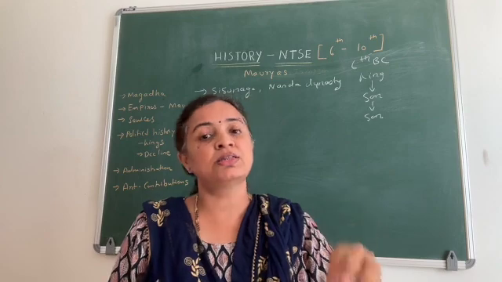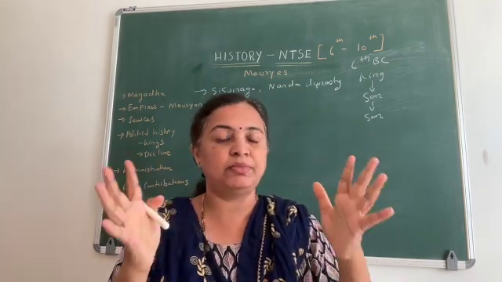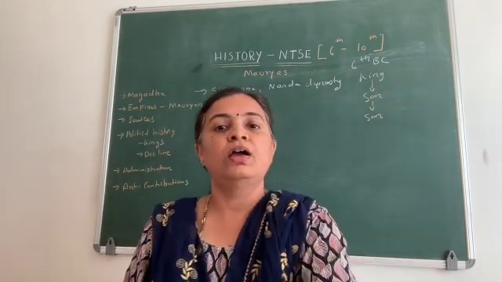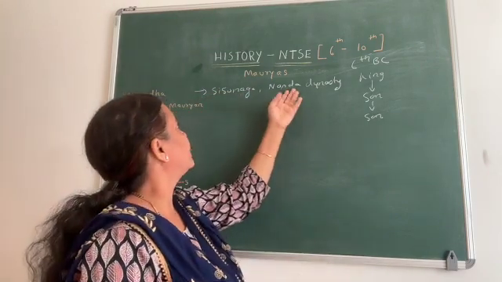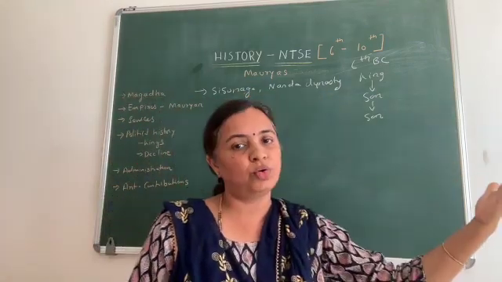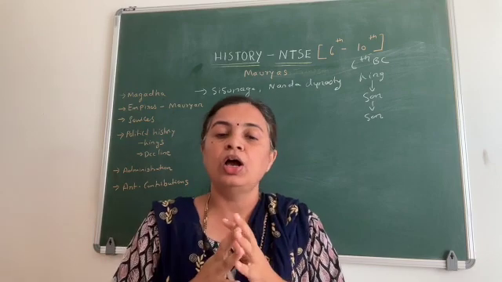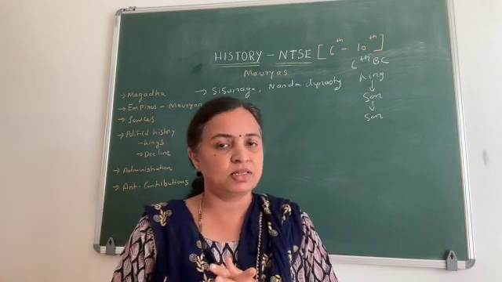Nanda dynasty means there are a lot of kings from the Nanda clan itself, or the Nanda family itself, who used to rule Magadha in succession. Before the Nanda dynasty, there was another dynasty known as Sisunaga, which also had its own kings. So Magadha as a Mahajanapada had a monarchy kind of system, but with different dynasties in the picture.